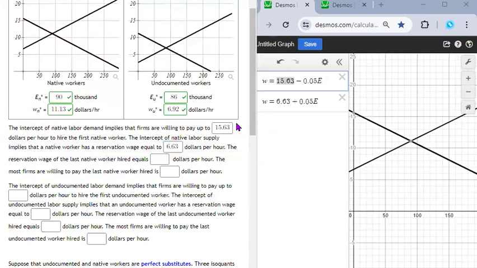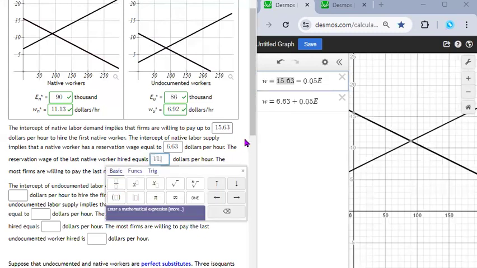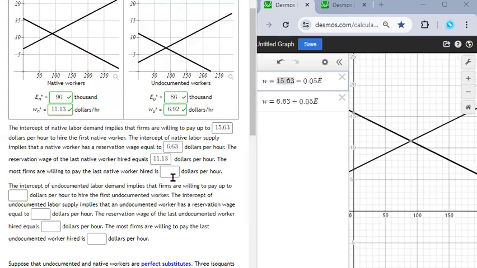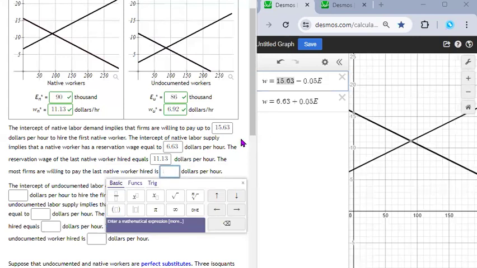The reservation wage of the last native worker hired, and the most firms are willing to pay the last native worker hired, in this case the 90,000th one, is $11.13 an hour. So the last worker hired and the firm that hires that last worker, they're the marginal firm and the marginal worker, right?